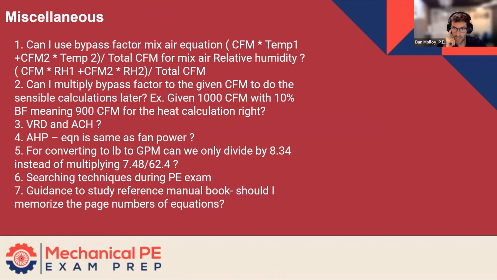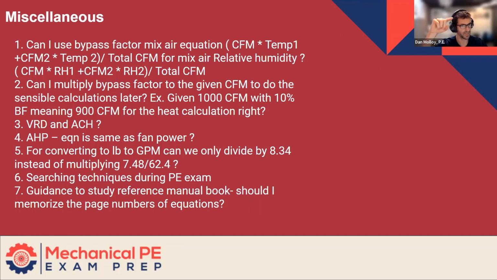So for the first one, the bypass factor, can you do CFM times temperature plus CFM times temperature for relative humidity? The answer is no, because the relative humidity is nonlinear. If the points are close together, you might get away with it, but I wouldn't recommend it.